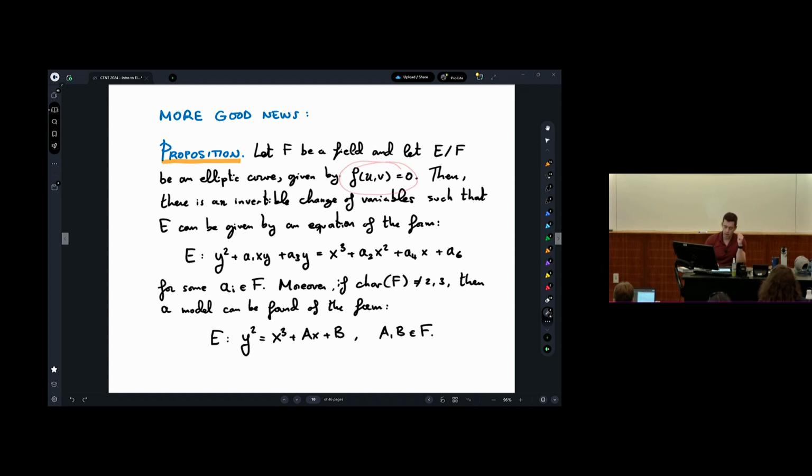So any elliptic curve given by some Diophantine equation like this, as long as it satisfies all the properties, I can bring it to this format where the a_i are in the field of definition of the original elliptic curve. This is what we call a Weierstrass model for the elliptic curve.